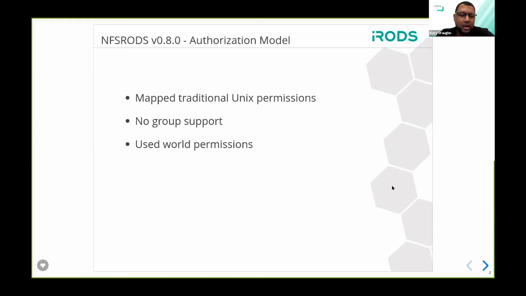But there were some things with that version of NFSRODS that left people feeling afraid to use it. For one, our original way of handling permissions involved using the permission bits; more so, it used the user and the world permissions to describe what a user could do against a particular data object or collection.